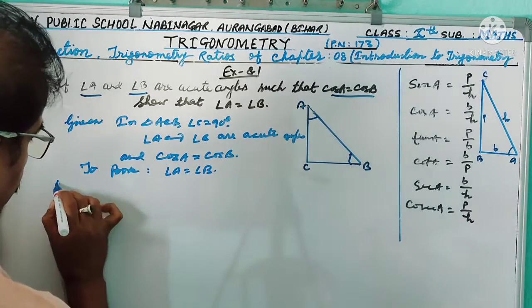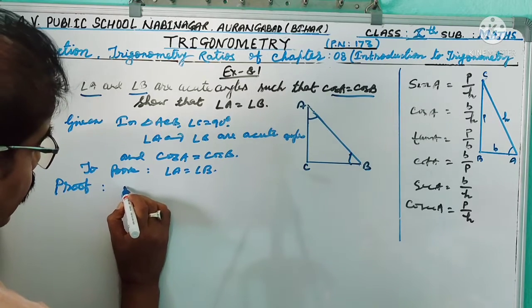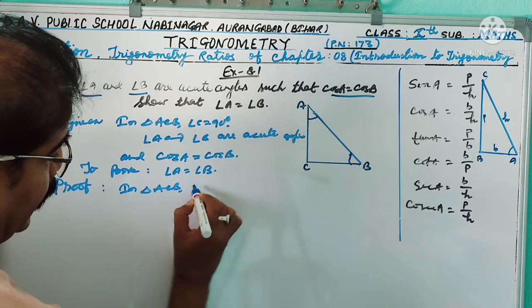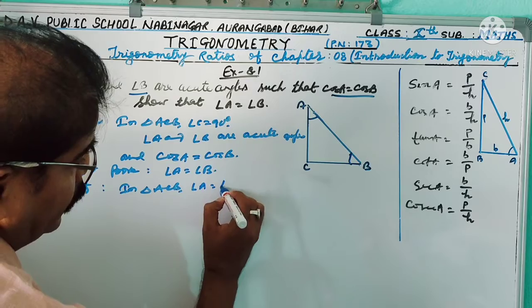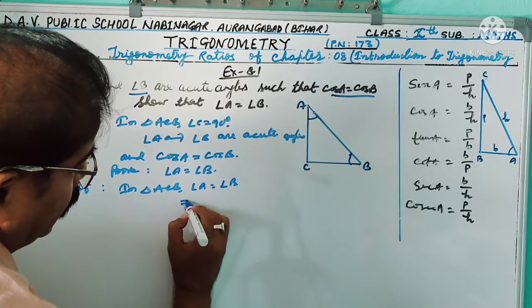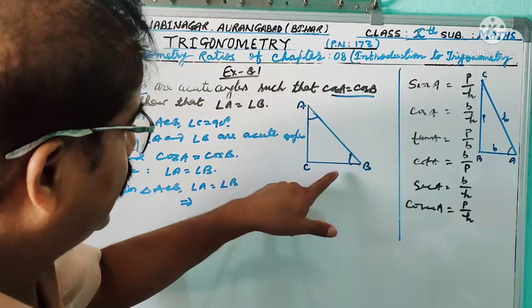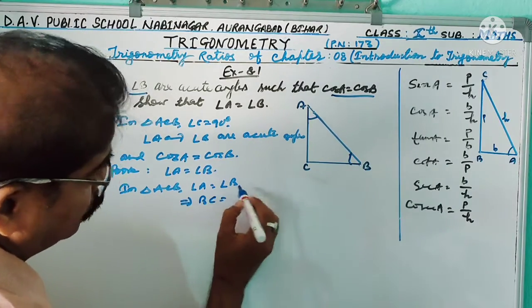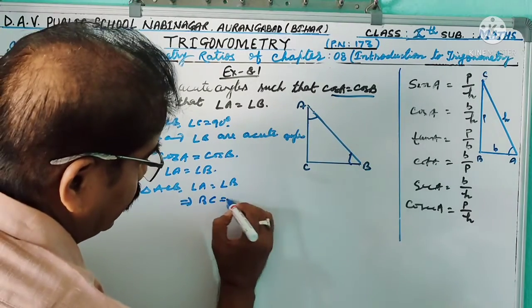Dear student, in triangle ACB, for angle A, the opposite side of angle A is BC, and opposite side of angle B is AC.